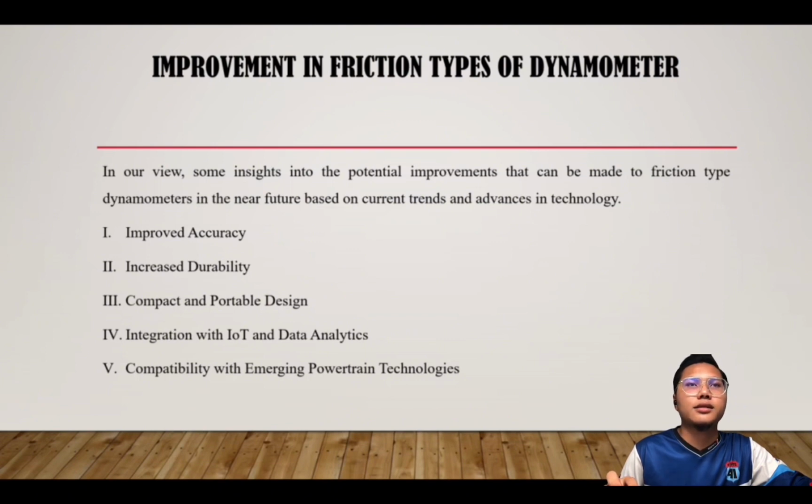The last one is compatibility with emerging powertrain technologies. Today's powertrain technology involves the development of specialized adapters and changed electrical measurement capabilities and software interfaces to analyze the performance of electric motors and hybrid systems.